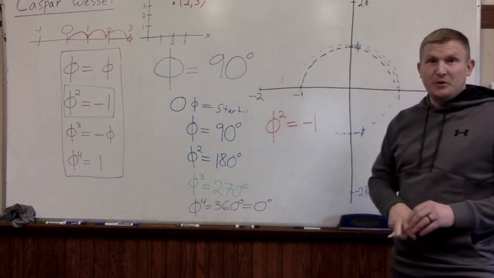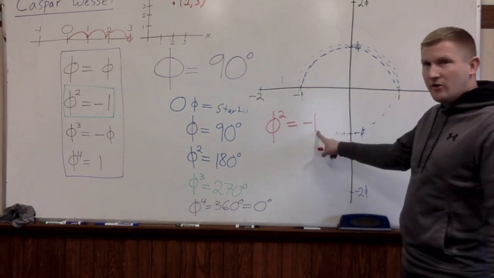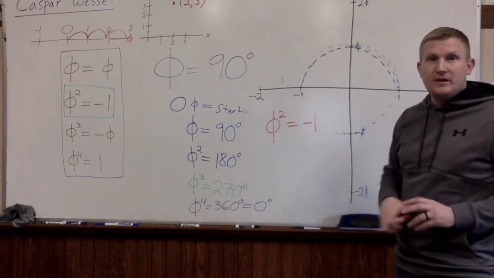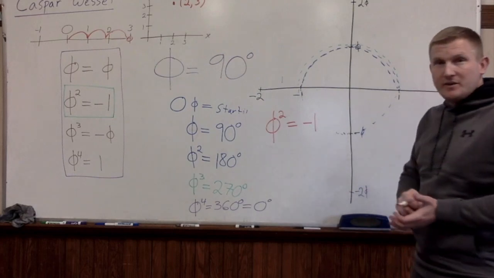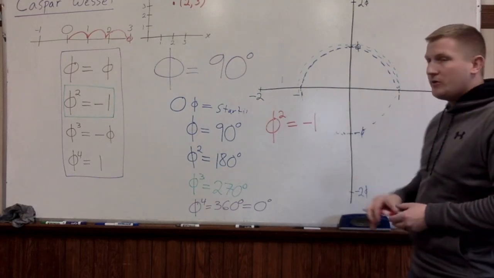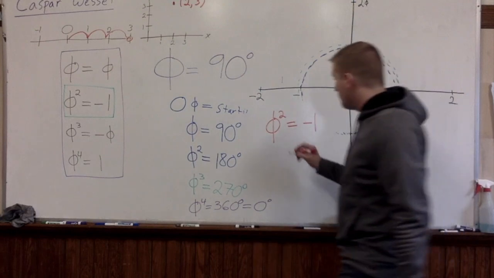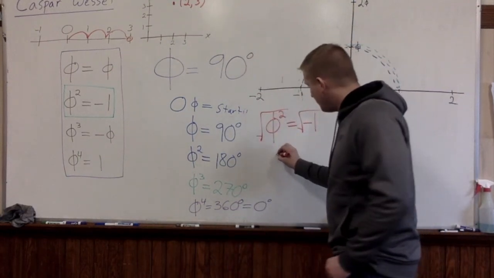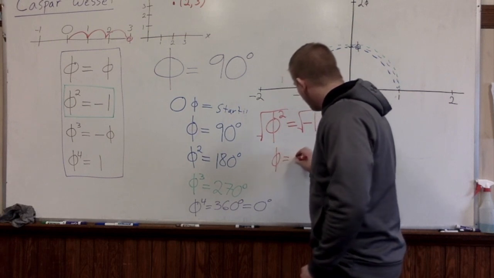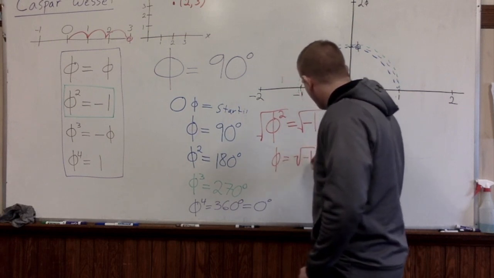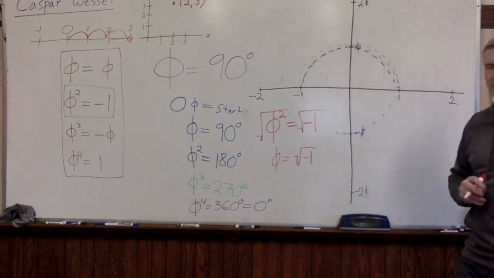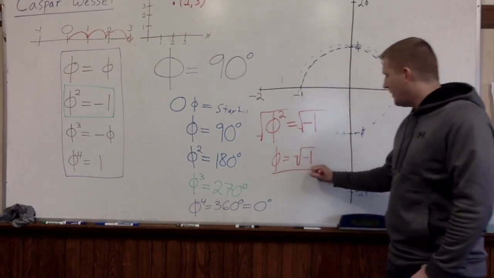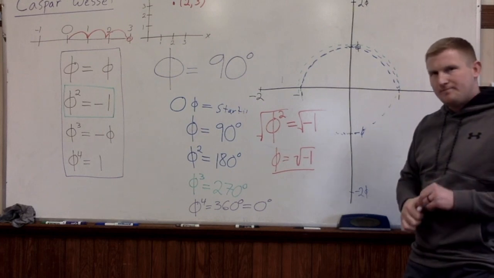We have a variable, phi, and a real number on the other side, which means we can solve for phi. And we can do that pretty easily, right? If phi squared is equal to -1, then all we got to do is square root both sides, and we get phi. Phi is equal to the square root of -1.